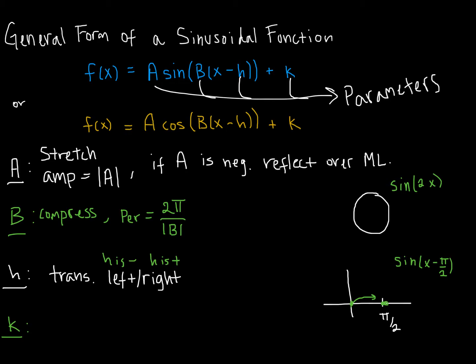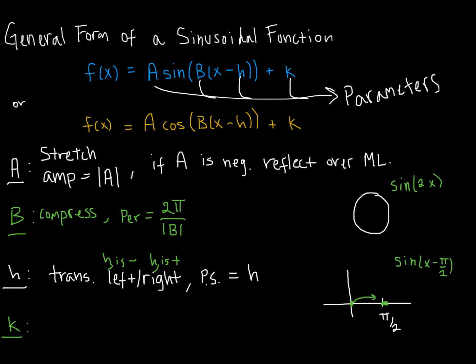And notice this is h, not his. This dictates what's called the phase shift. So the phase shift, and I'll just use PS to represent phase shift, is just equal to h. If I have an h value that is positive, then I'm phase shifting to the right, and if h is negative, then I'm phase shifting to the left.